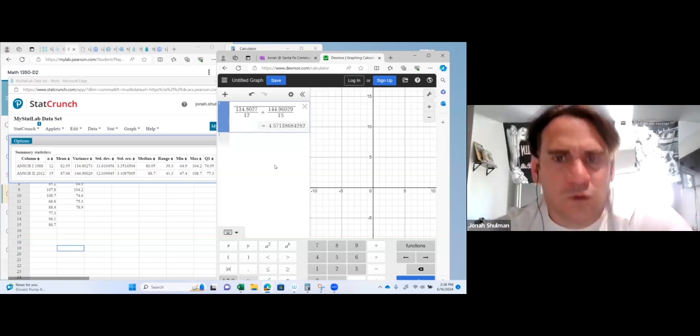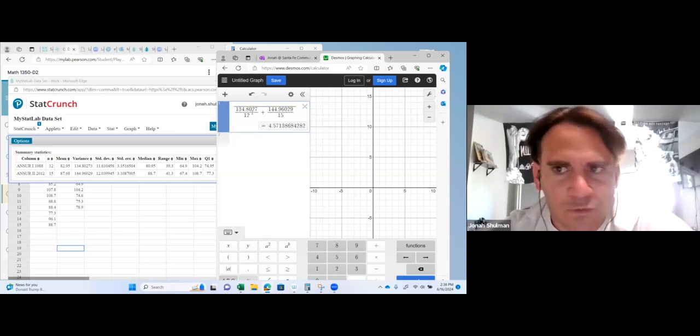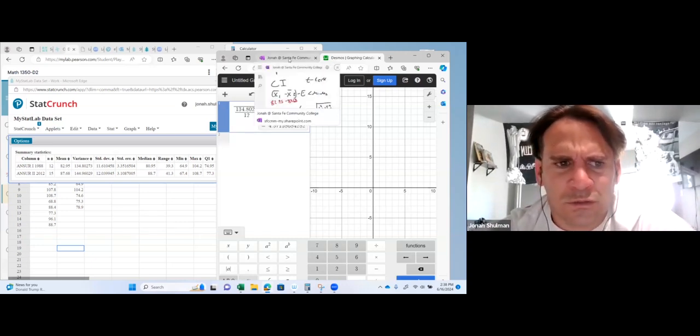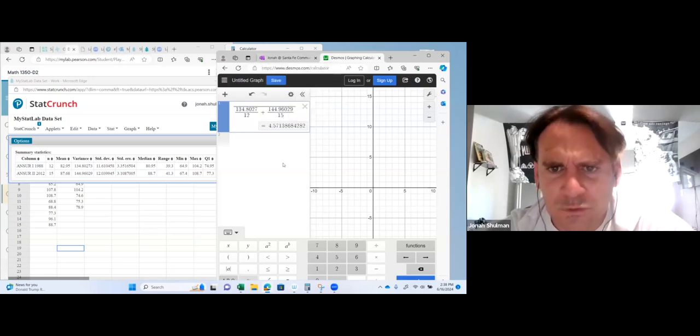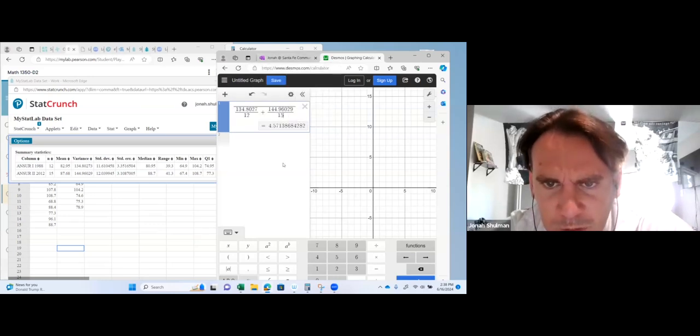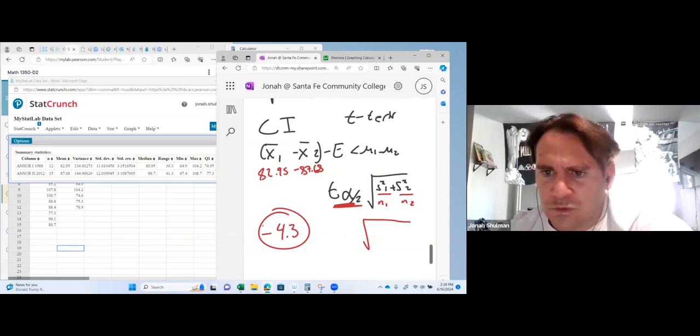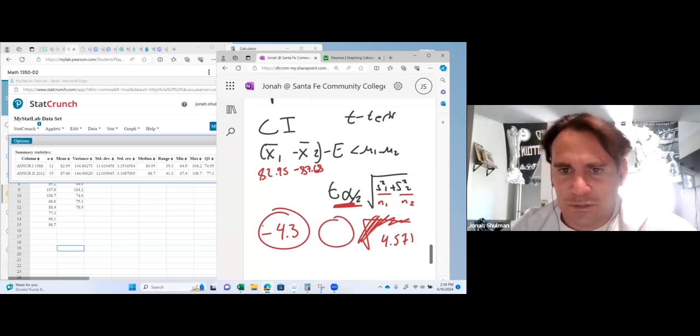All right, so now we have the square root of both the variances. I believe this is called the pooled variance. So it's 4.571. This whole thing is equal to 4.571. All I need is the t value.